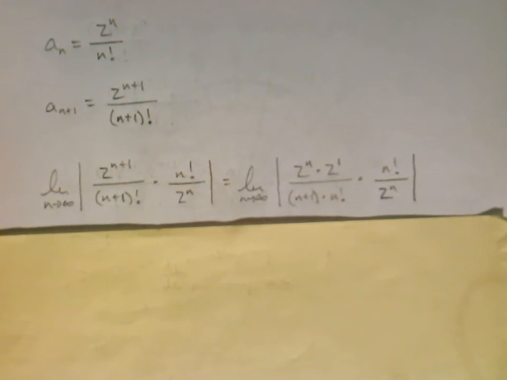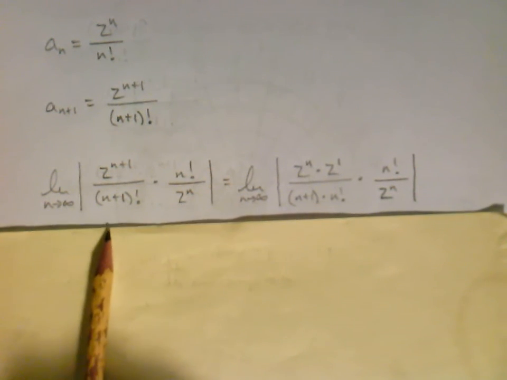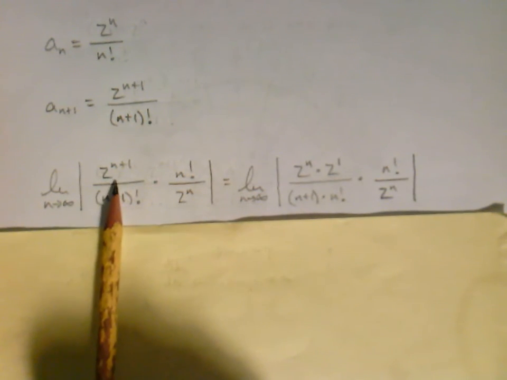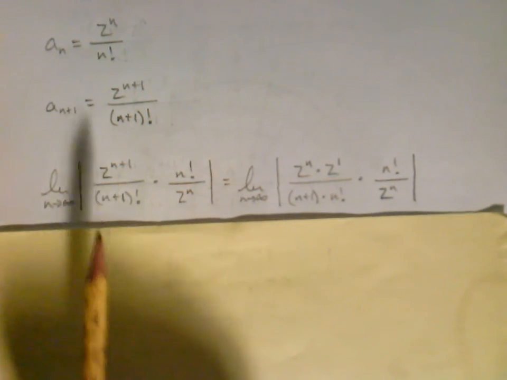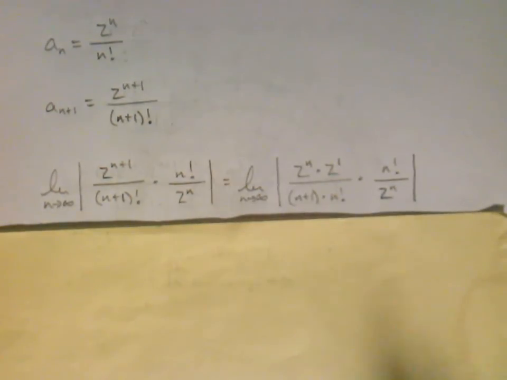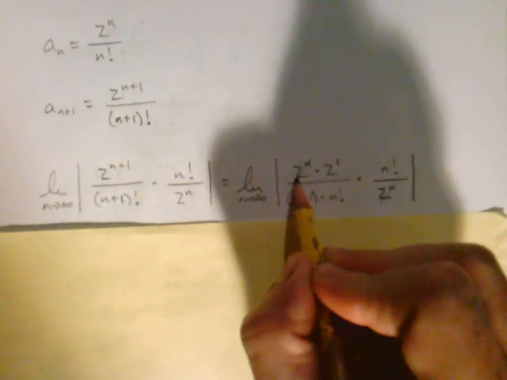Okay, so how's this going to simplify? Well, we can do that same trick we did a couple problems back with 2 to the n plus 1, right? That's 2 to the n times 2 to the first. And we'll get 2 to the n to cancel out.